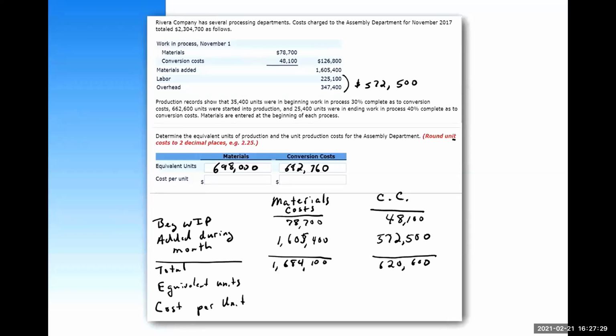Now we can divide each of those by the equivalent units that we previously calculated. So divided by 698,000 gives us $2.41, and divided by 682,760 gives us 91 cents.